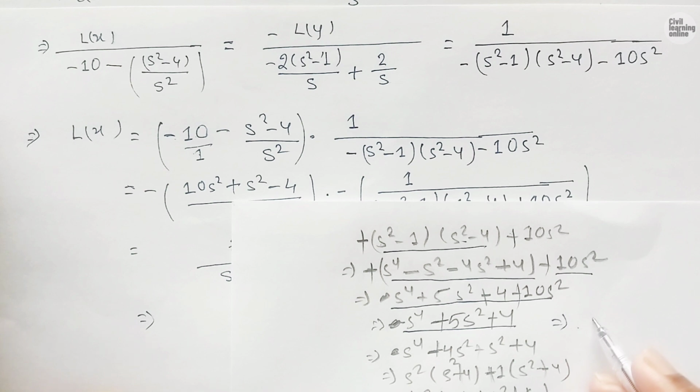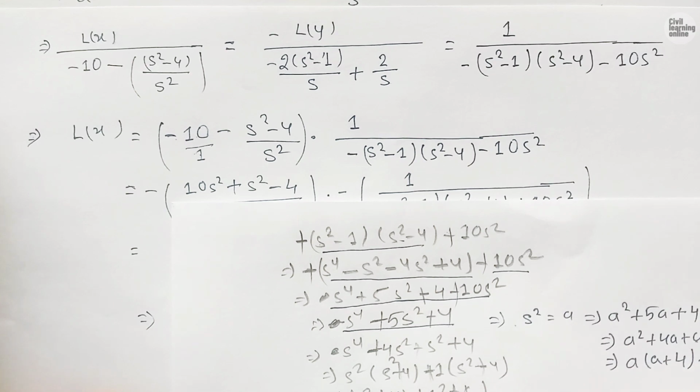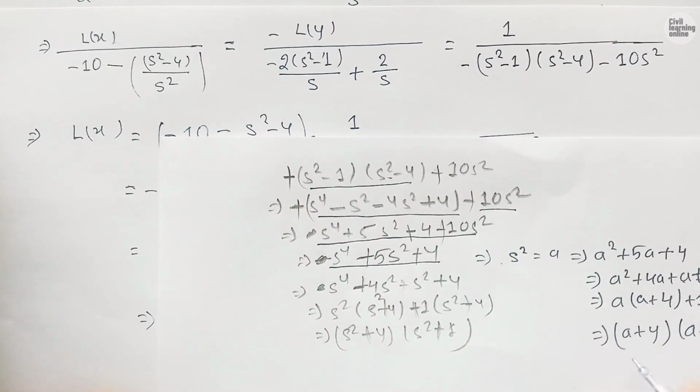Or you can simply rewrite it by putting s square equals to a, so it is going to be a square plus 5a plus 4. Just for your understanding, we can factorize it as a square plus 4a plus a plus 4, so a common, so a plus 4, and plus 1 common between them, so we got (a plus 4) times (a plus 1), and we know that a equals to s square, so we have (s square plus 4) and (s square plus 1).